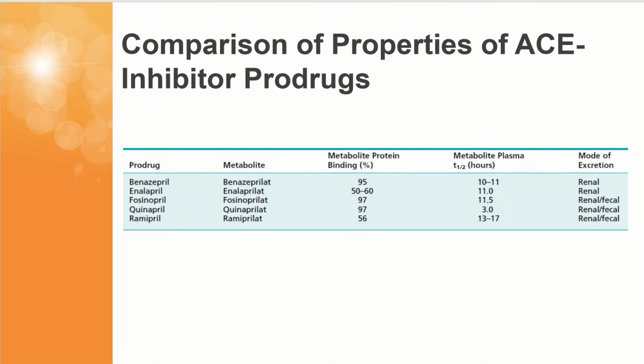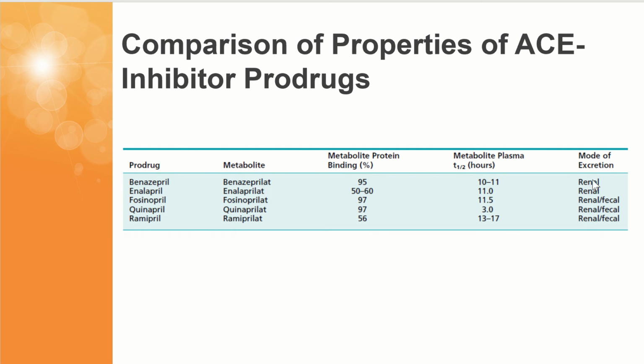So here we have a list of all of these structures that we had on the slide previously. So what we have been seeing is the prodrug. All of the structures that we have seen are the prodrugs, and all of them end with pril. The metabolite, which is the active form of the drug, is the prilat.